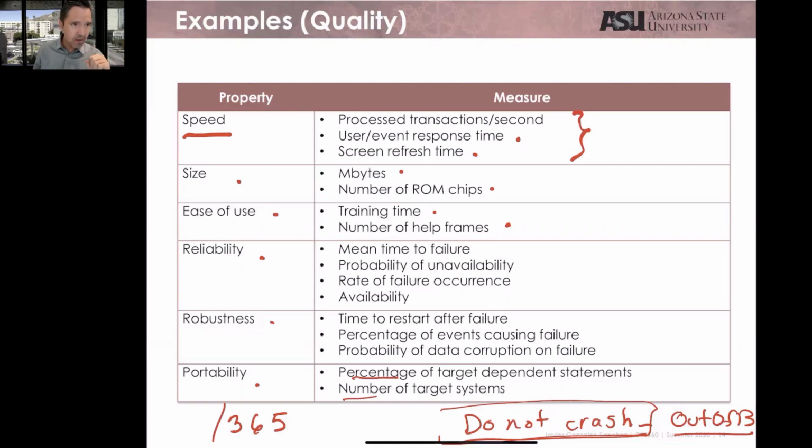Maybe I am okay if your system crashes for 1 hour every year. So you measure how many times Facebook crashes in a year. And if adding all the time in 1 year, that addition is less than 60 minutes, that is a measure of do not crash.